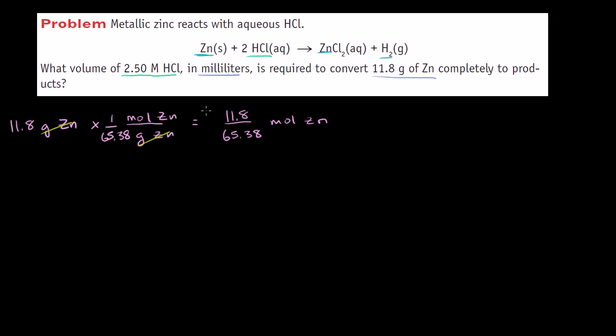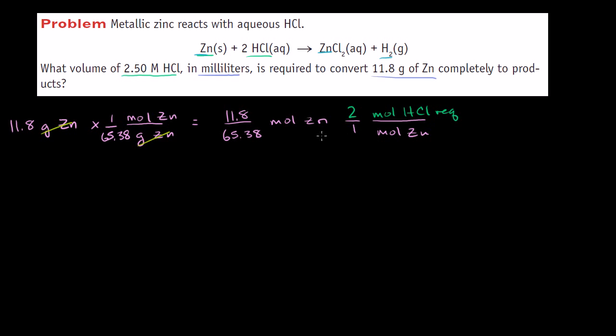Now, we're trying to figure out how much of this solution of hydrochloric acid is required. So the next thing we want to figure out is how many moles of hydrochloric acid are required. And we see that for every mole of zinc, we need 2 moles of the hydrochloric acid. So for every 1 mole of zinc, put that in the denominator, we need 2 moles of hydrochloric acid.